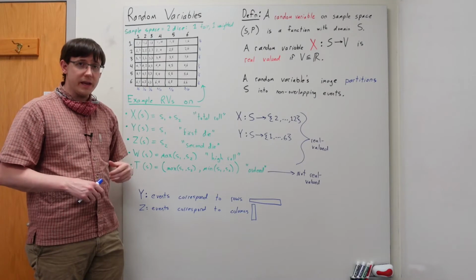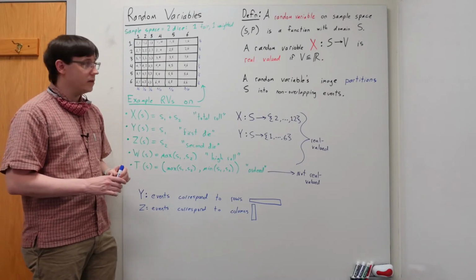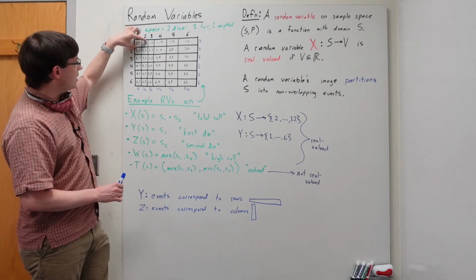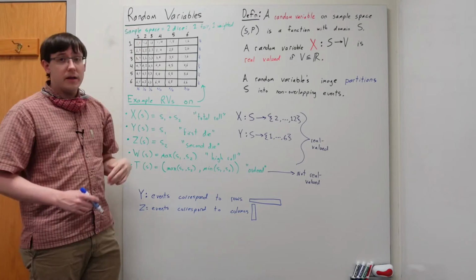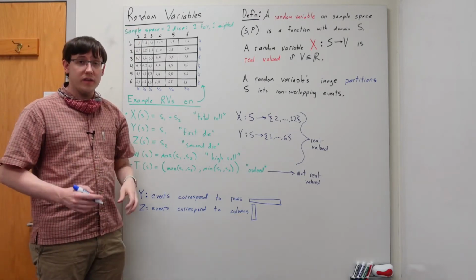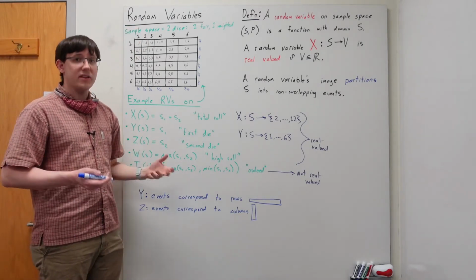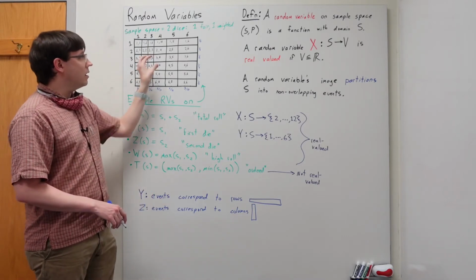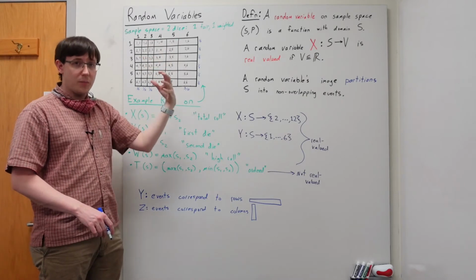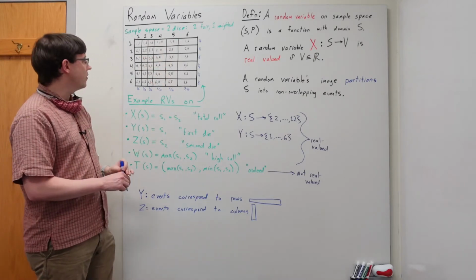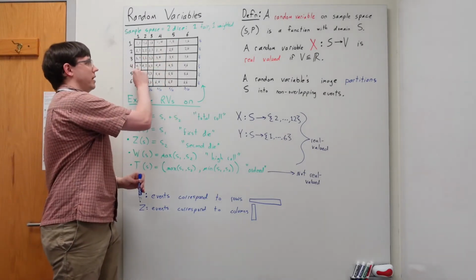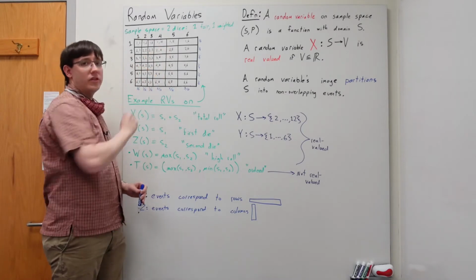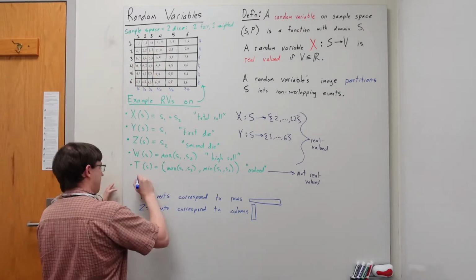X equals 3 is the subset of the sample space containing these two outcomes. And if we think about the event for x equals 5, that consists of all of the outcomes in the sample space where the total roll is 5, and so that will be these 4 events.